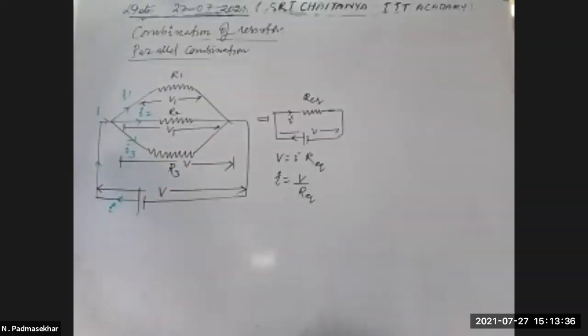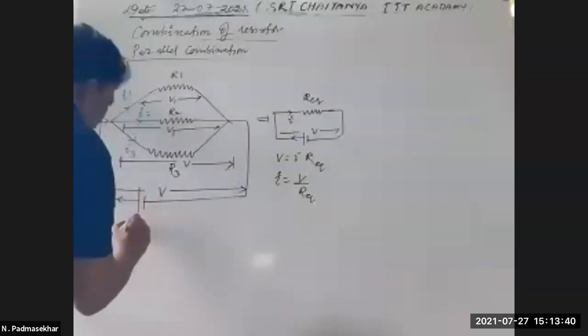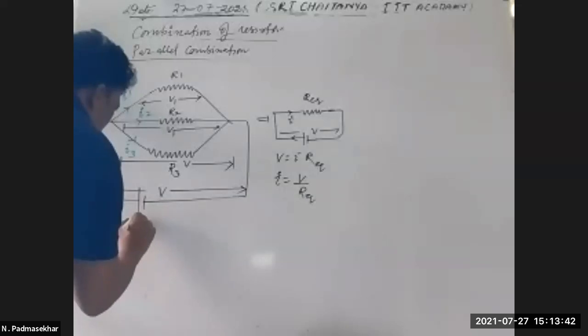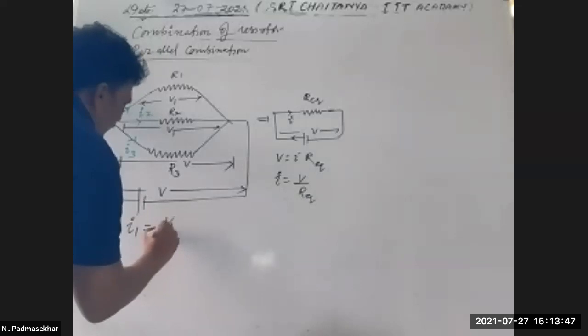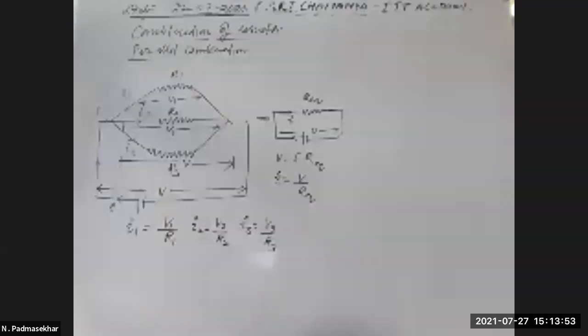See here, I1 is equal to V1 by R1, I2 is equal to V2 by R2, I3 is equal to V3 by R3. Right.